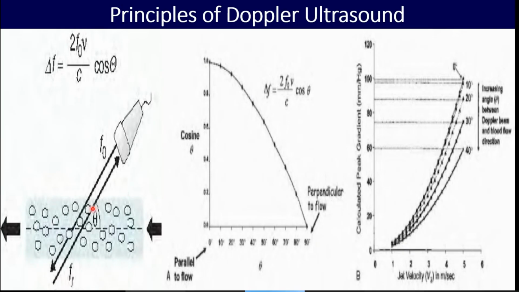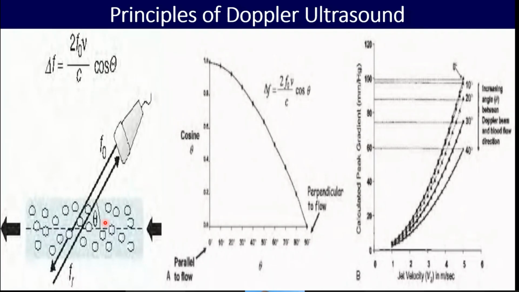If this angle is up to 20 degrees, it is reasonable, but beyond 20 degrees, the values of velocity will be very much erroneous. It cannot be taken into clinical use when you are dealing with patients. This is especially important when you are looking at the gradients across the valves when they are stenosed.